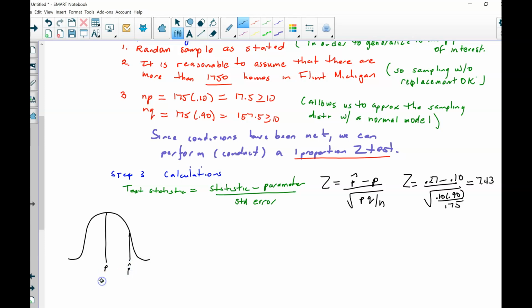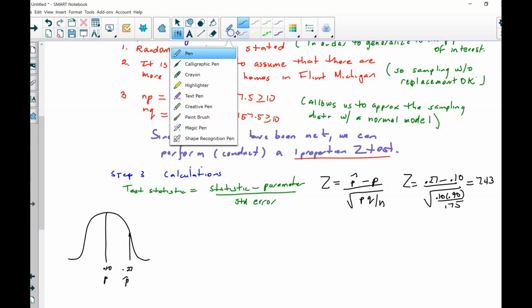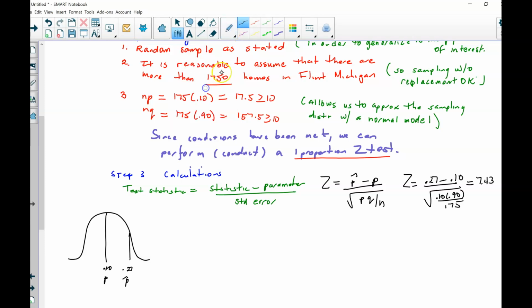Our parameter was 0.1. Actually, maybe I'll write this the other way. So this is 0.1, and this was our test statistic of 0.27. And this again is p, and this is p-hat. And we're calculating, let's get out the highlighter, the p-value, which is this area over here.